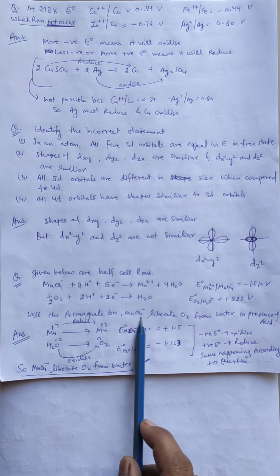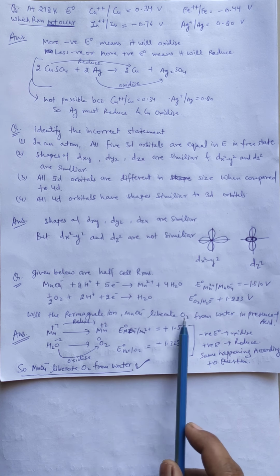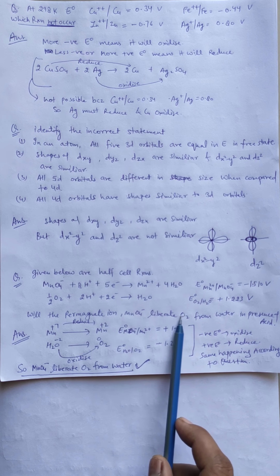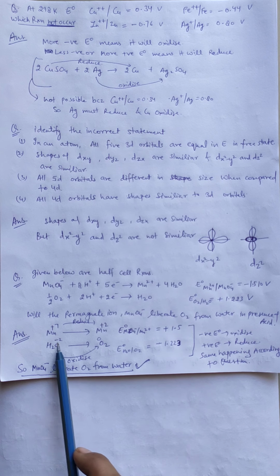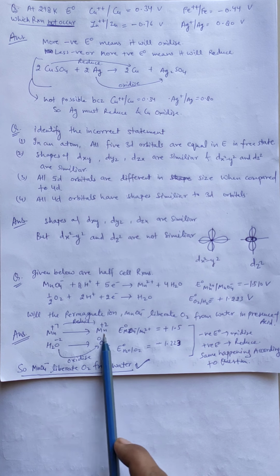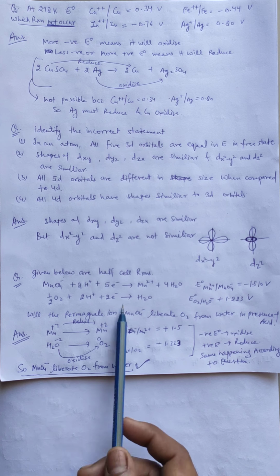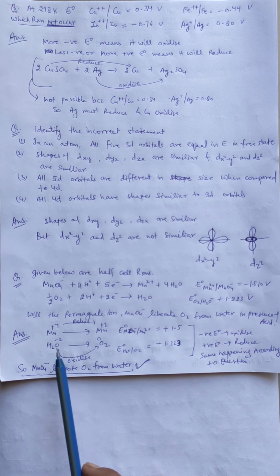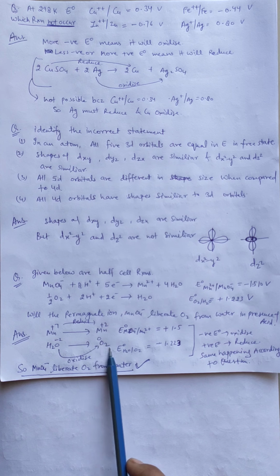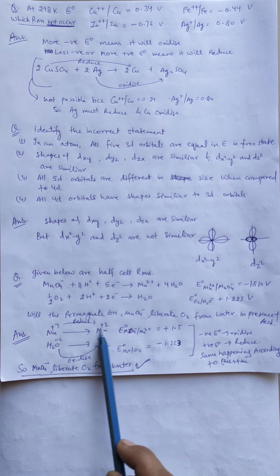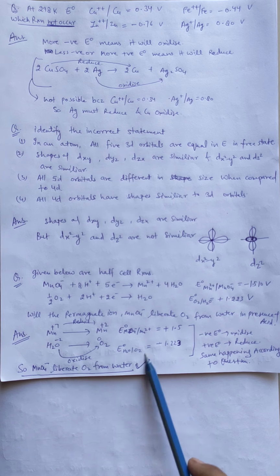If this is going to liberate oxygen, that means Mn must be reduced and oxygen must be oxidized, right? In this, Mn changes from plus 7 to plus 2, so it is reduced. Now if you reverse this equation, H2O is going to give O2 when it oxidizes. When you mix these, one is going to reduce and the other is going to oxidize because of E naught.